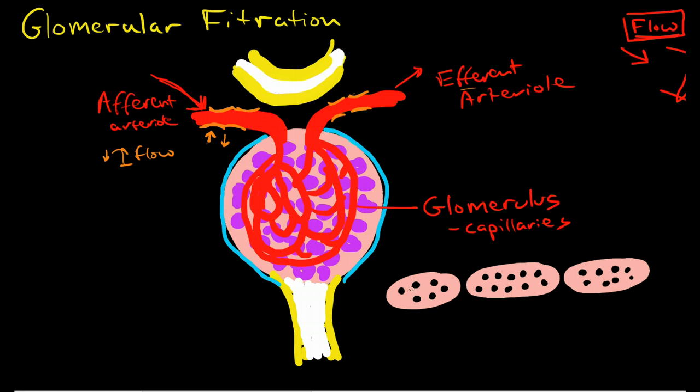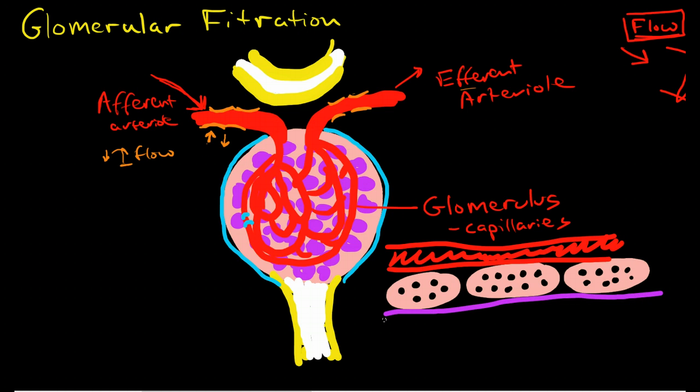Let's say these are endothelial cells, and we've got our blood on this side. So this is a glomerular capillary. On the other side, of course, we have our basement membrane, and this is a selectively permeable membrane. It's a very thin membrane. And then on the other side of the membrane, we have what are called podocytes. Podocytes look like little worm-like cells that wrap around the glomerular capillaries.